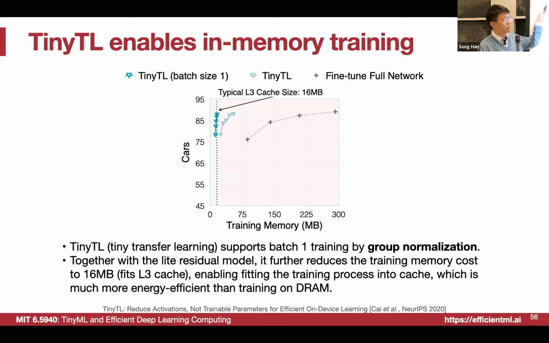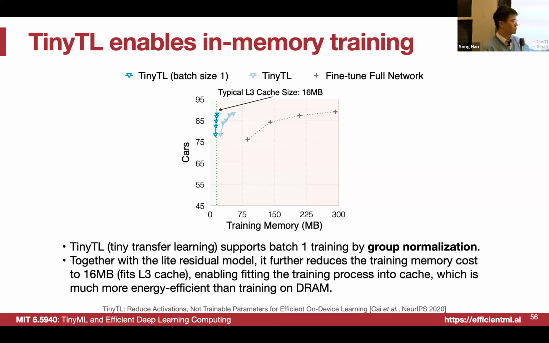So TinyTL enables purely in-memory training, so we can push this frontier of memory size by maintaining accuracy to only below 16 megabytes, which can easily fit in the on-chip SRAM in the cache. TinyTL supports batch 1 training by group normalization. By using group normalization, even with a batch size of 1, we can still converge pretty well.